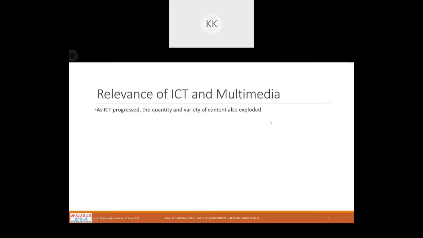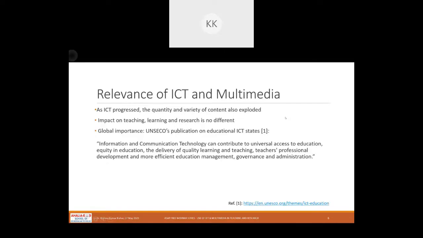And as all these hardware devices have been progressing, the quantity and the variety of the content has also exploded. So it's not much of a surprise that the teaching, learning, and research areas have also been affected because of the oncoming of ICT and multimedia.